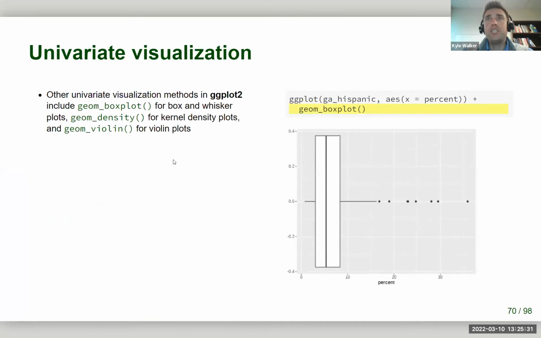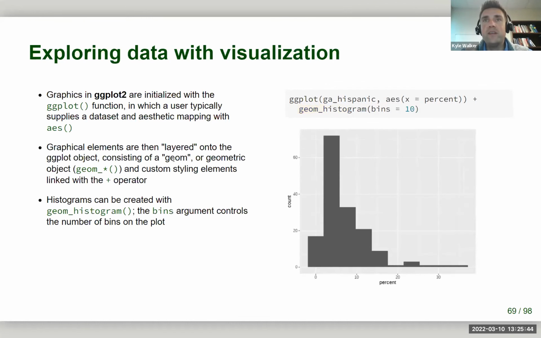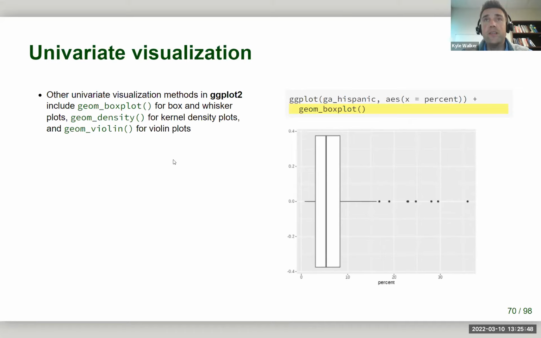One of the great things about ggplot2 is you can set up a consistent syntax and then iterate through different geoms to really pick the exploratory graphic that you like the best. So one method of showing univariate data distributions is a histogram. Another common method is the box and whisker plot, implemented here in geom_boxplot, where you have a box that represents in a central axis the median.